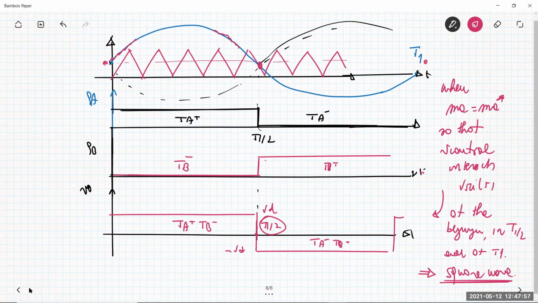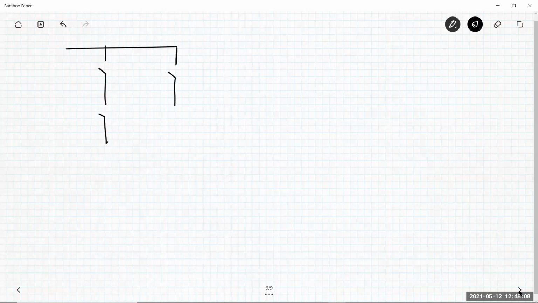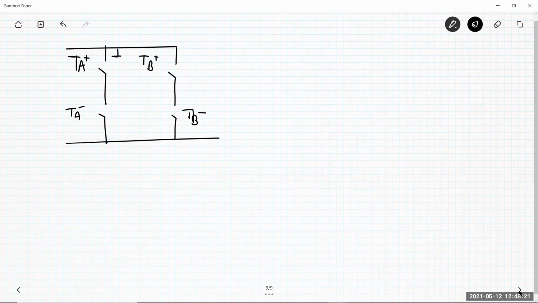So the two switches that are opposite in their geometrical representation here act as a unique switch. TA plus, TB minus, TB plus, TA minus.